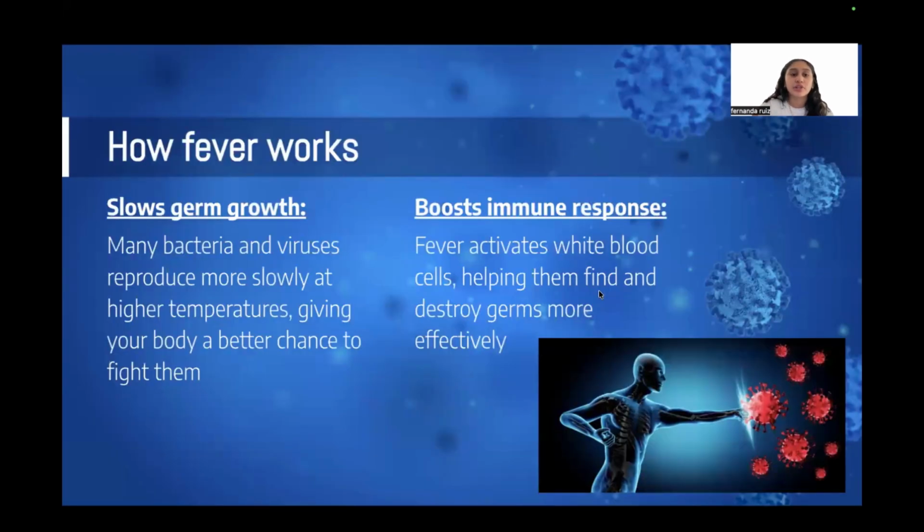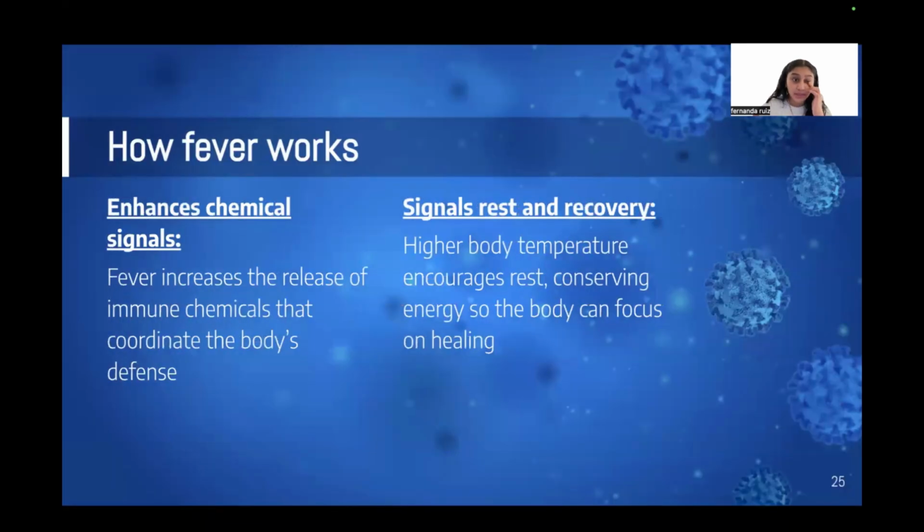How fever works. First is slowing germ growth. Many bacteria and viruses reproduce more slowly at higher temperatures, giving your body a better chance to fight them. Then it boosts the immune response. Fever activates white blood cells, helping them fight and destroy the germs causing the fever more effectively. Then it enhances chemical signals.